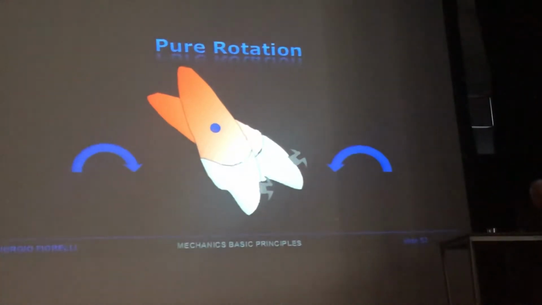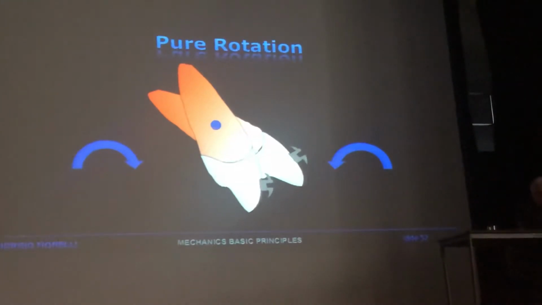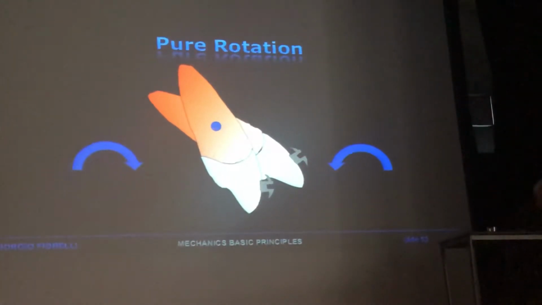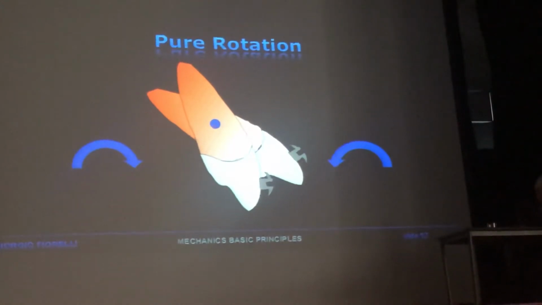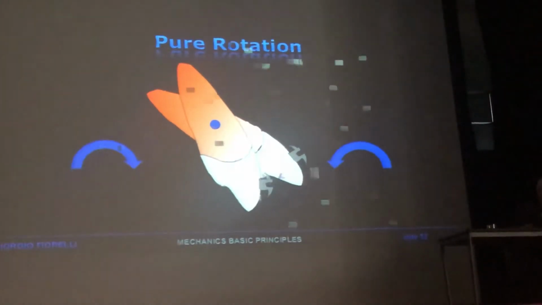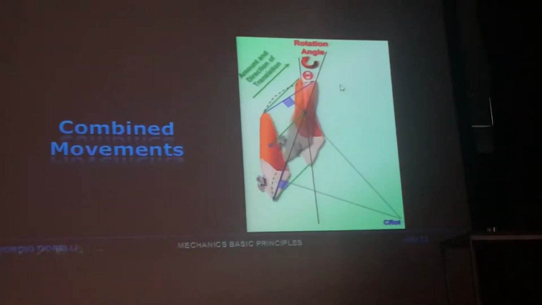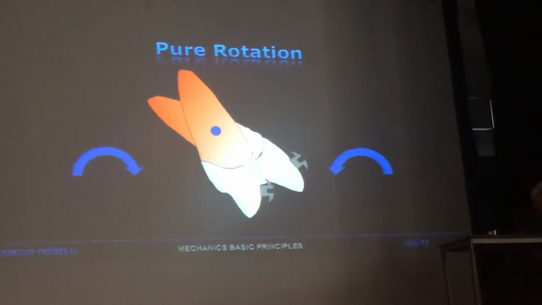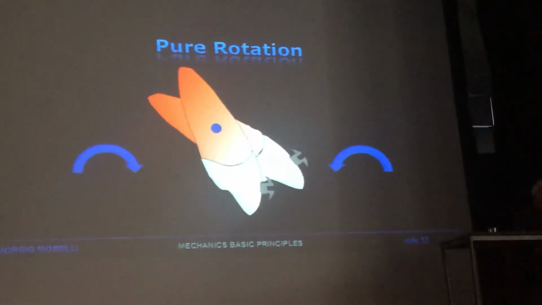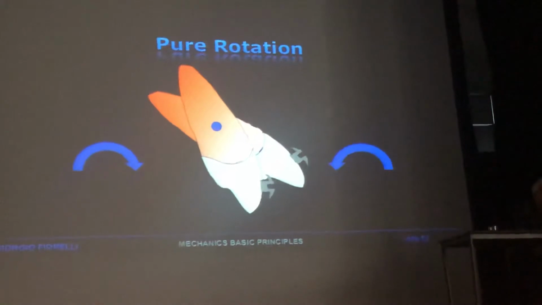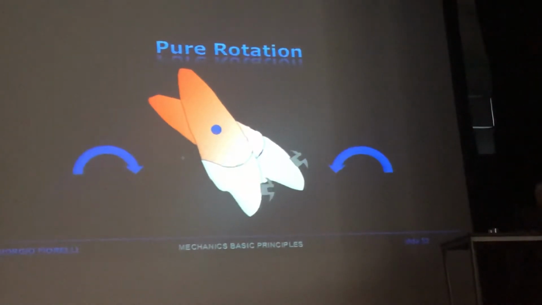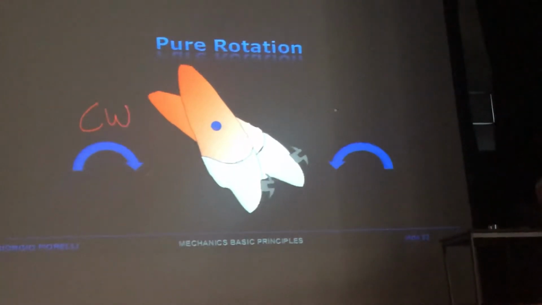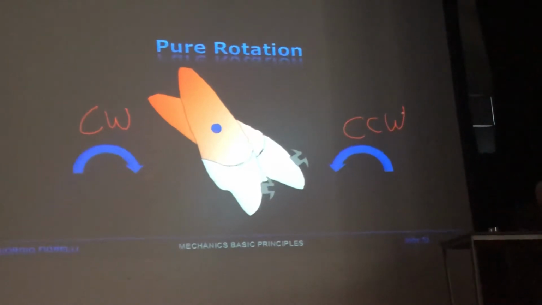It's not a real displacement, it's just a change in the position around the center of resistance. These are two extreme movements, and let's say again that in 2D, we have only two possible directions of rotation that we usually call clockwise and counterclockwise.